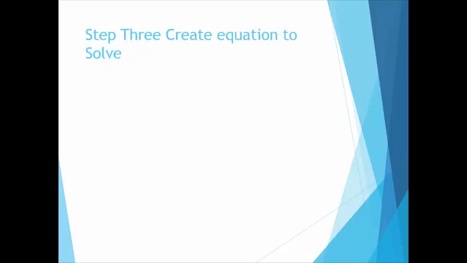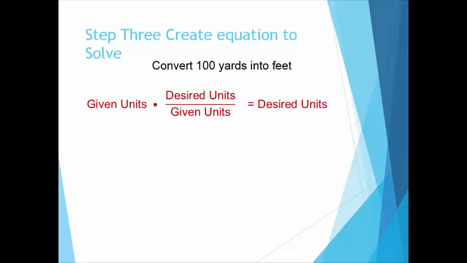Step 3, I need an equation. All right, we're going to have a standard default template for our equation. Again, we're converting 100 yards into feet. So what's my equation? There it is. I'm given some units, in this case 100 yards, times my conversion factor, which is desired units over given units, and I'm going to get desired units.